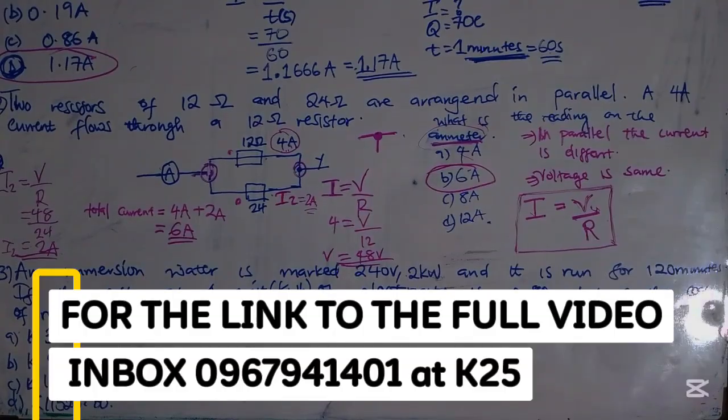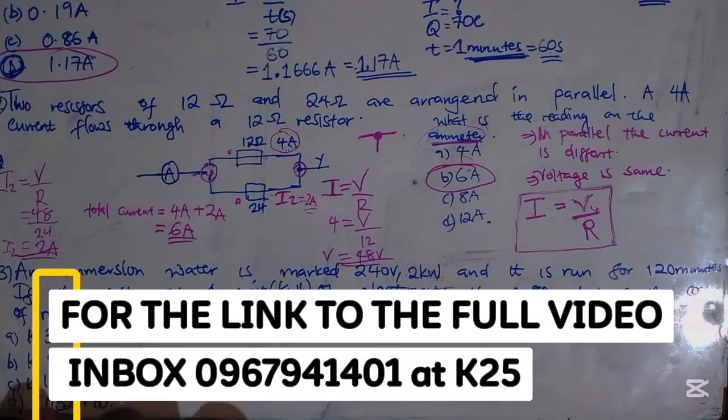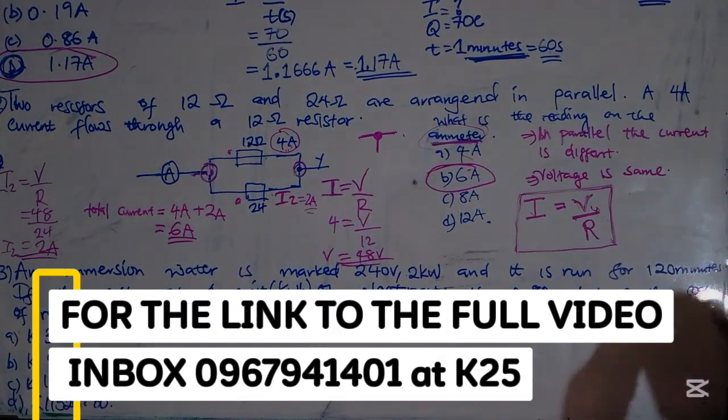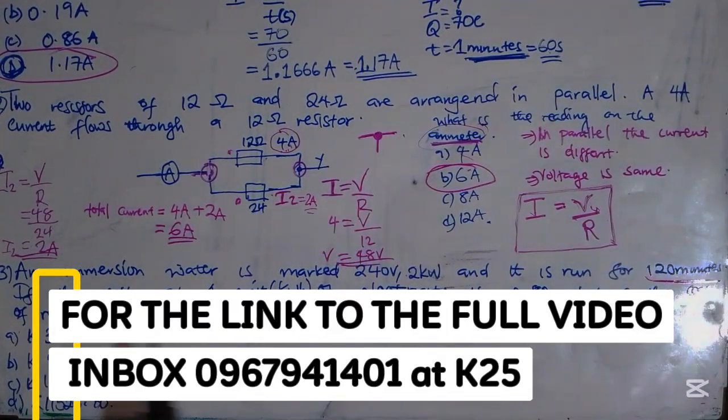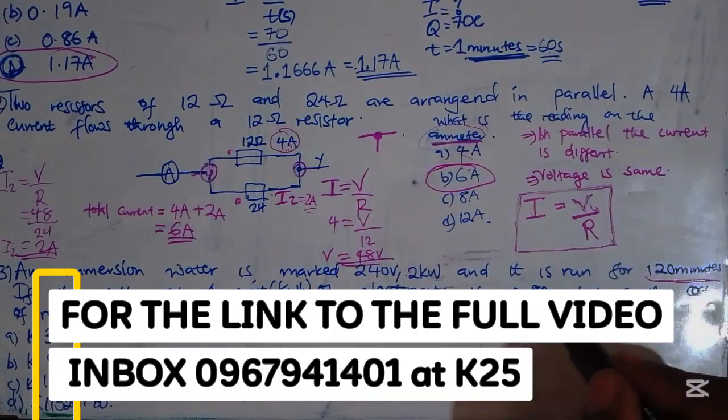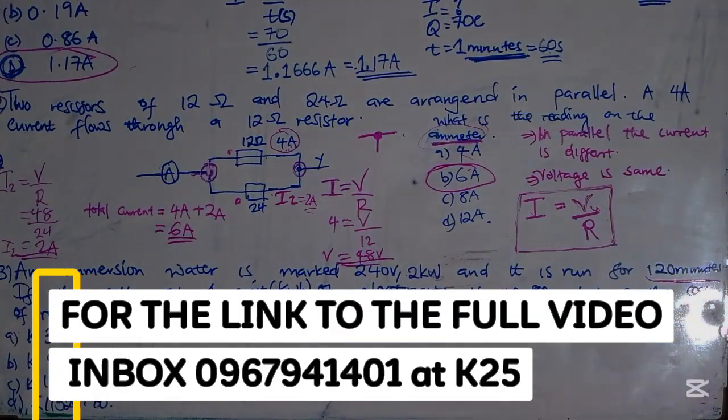So the question on cost is saying an immersion water heater is marked 240 volts, 2 kilowatts, and it is run for 120 minutes. If the cost of 1 unit of electricity is 0.8 naira, what is the cost of running this water heater?